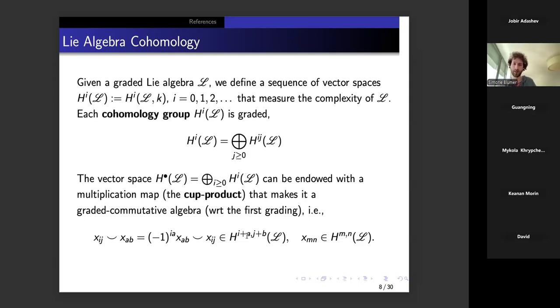Bigraded means that the product respects both the gradings. And moreover, with respect to the first grading, the so-called homological grading, the cup product is graded commutative. So it is commutative up to the multiplication of a plus or minus one.